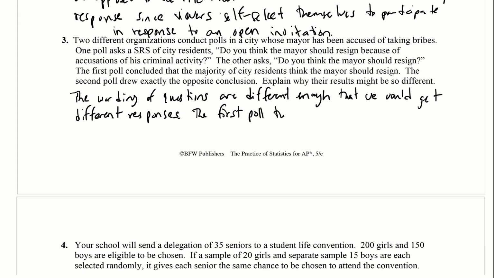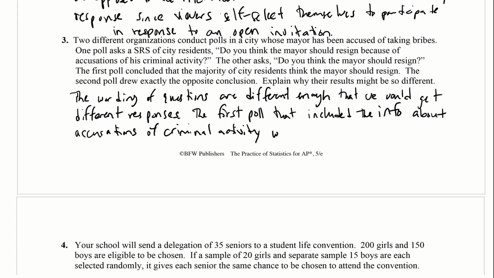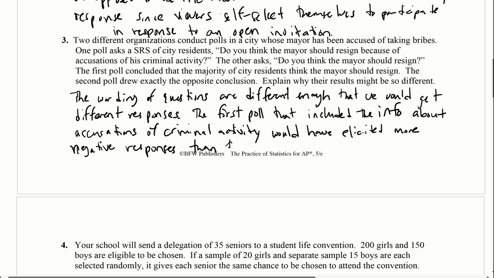The first poll that included the info about accusations of criminal activity would have elicited more negative responses than the second poll.